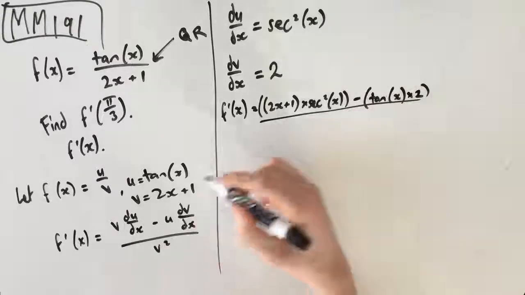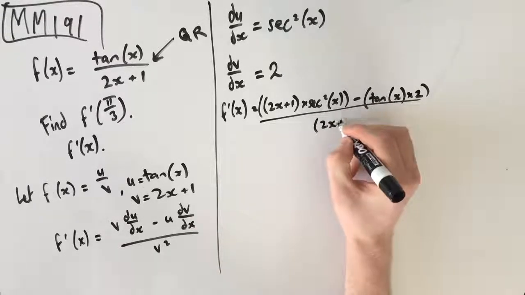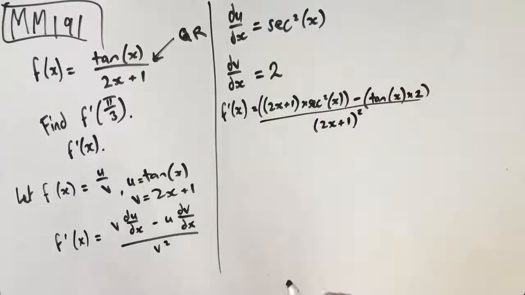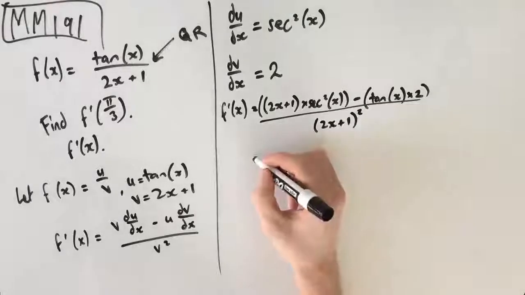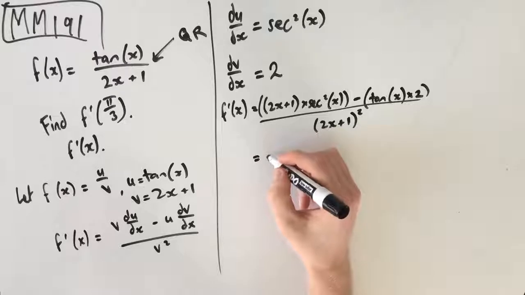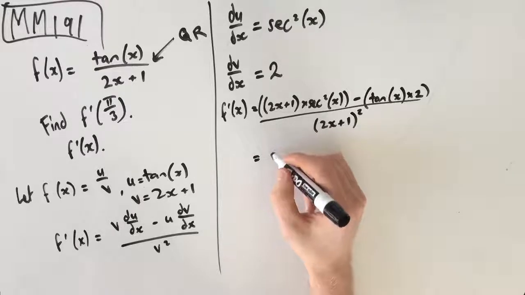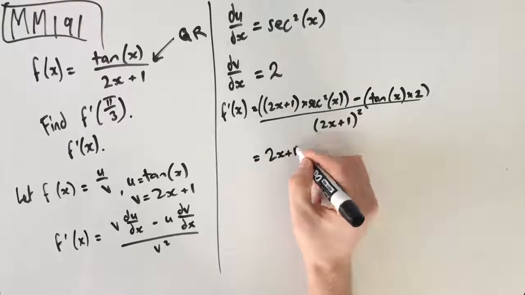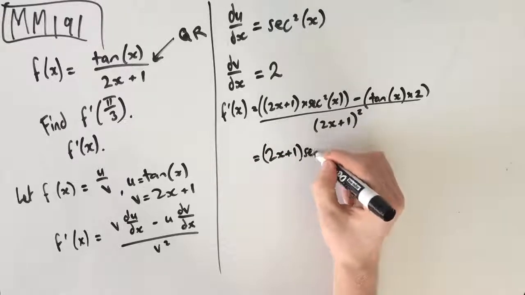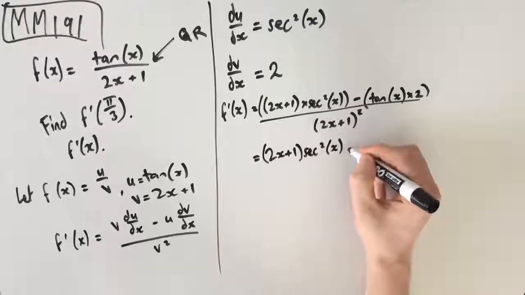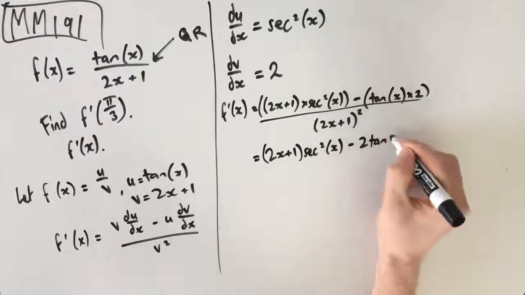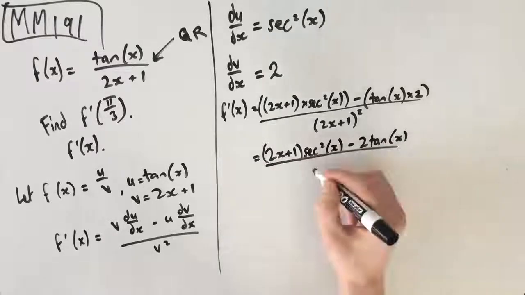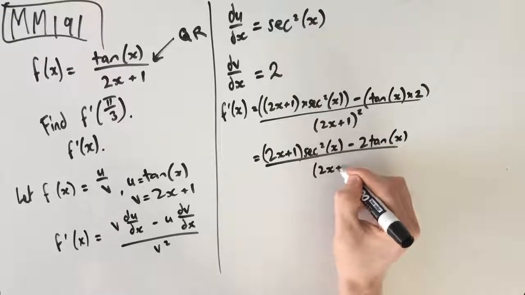All over v squared, where v is 2x plus 1 squared. Now, I would like to rewrite this. You don't have to, but I will, just to get rid of the brackets and multiplication signs. Take away 2 tan x, and that's all over 2x plus 1 squared.